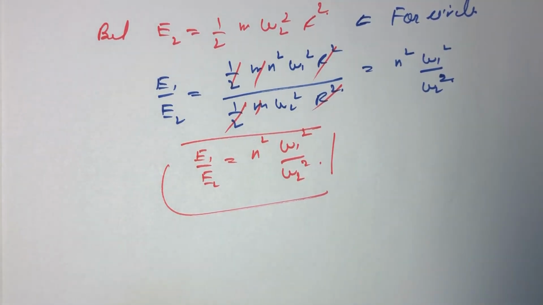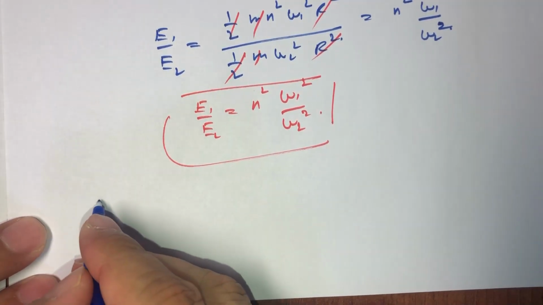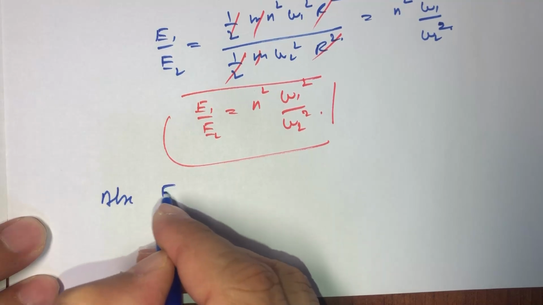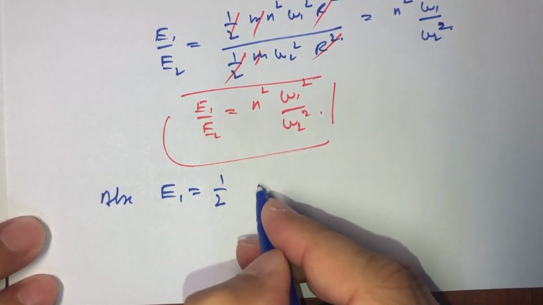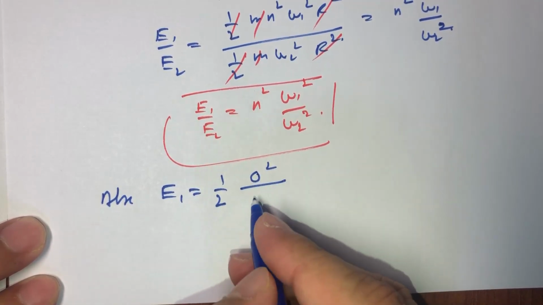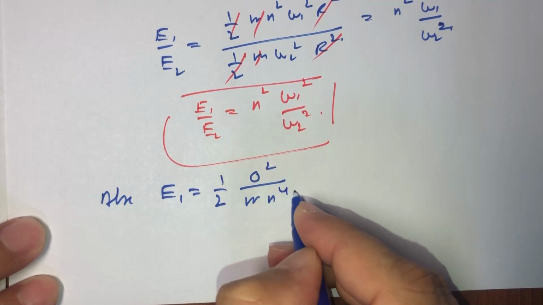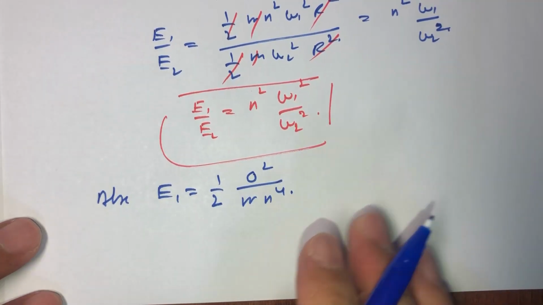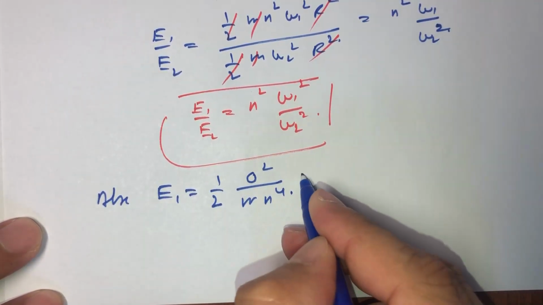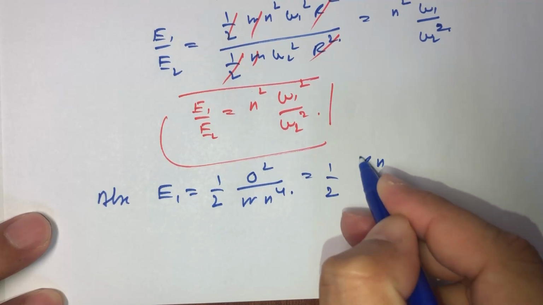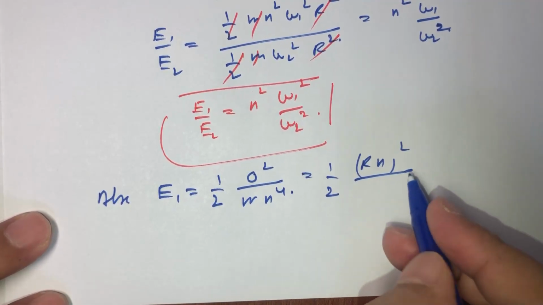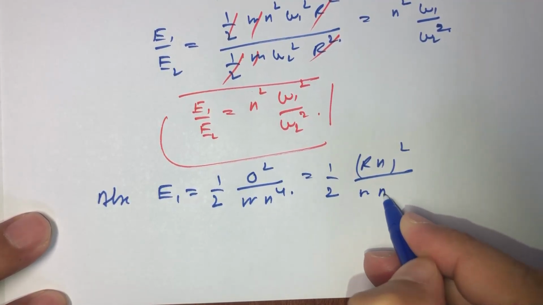And also we know that E1 is given as half a square upon m n 4. So we substitute a here, so we get half a is our r n whole square divided by m n 4.